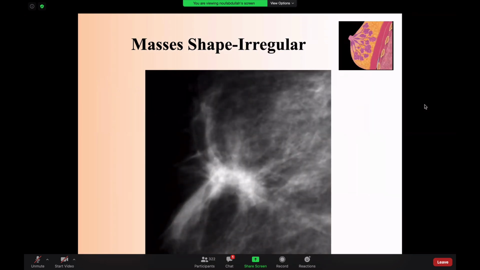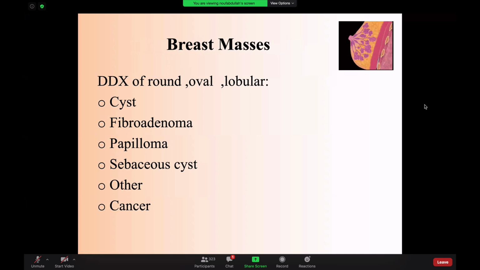When you look at a lesion that is very irregular, similar to what you see here, this is very classic for malignancy, except if the patient had history of previous scar or previous surgery, then this could be considered in the differential diagnosis. So this is your differential diagnosis for round, oval, or lobular lesion. And always think common is common, think about the age. The most common that we usually see as a round, oval, lobular lesion: cyst, fibroadenoma, papilloma, sebaceous cyst.